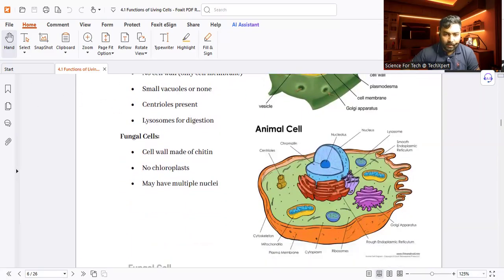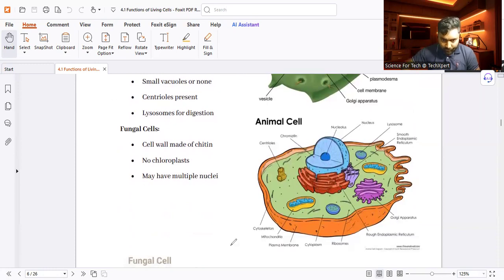Then in an animal cell, there is no cell wall, and there are no vacuoles. And there is something called centrioles, those are present, and there are lysosomes for digestion. Okay.